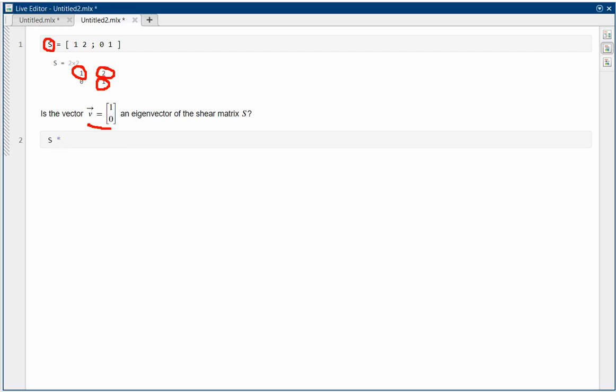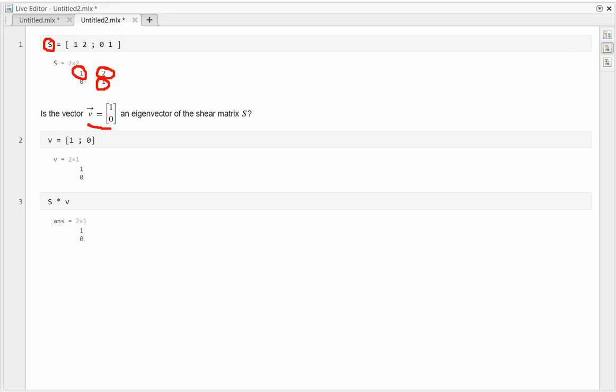So I take S times v. Sorry, I didn't create v. So v equals 1, 0. Now that should work. And you see that S transformed v into a scalar multiple of itself, and the scalar multiple is 1. It didn't change the vector at all. So this corresponds to an eigenvalue of 1, and this is an eigenvector. Okay, so that's all we have to do.